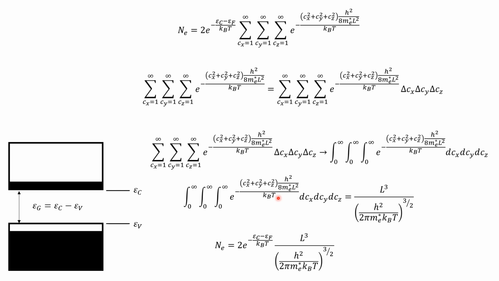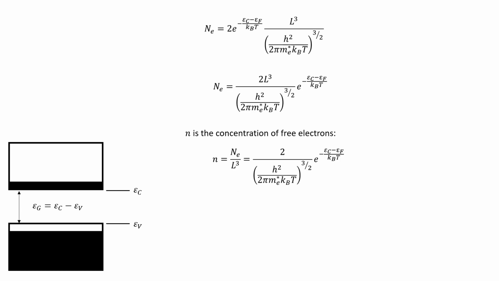Right, so now that we solved the sum, we have a result for the number of electrons in the conduction band. In other words, the number of free electrons. Now we can just rearrange things a little bit. So from here to here, I just move this part over here to reorganize the expression. And recall that what we want is the concentration of free electrons.